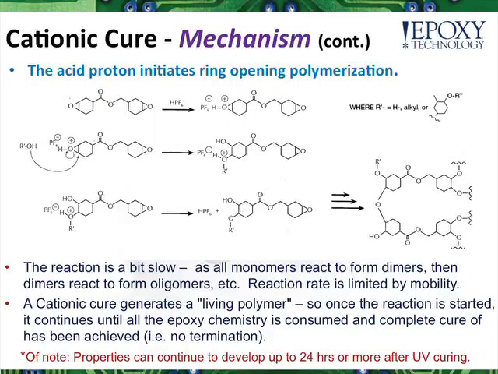Once the photoinitiator is activated with a UV cationic epoxy, the polymerization reaction goes forward. The acid actually promotes the ring opening. You can see in the top step the addition reaction of that acid. In the next step, you can see the ring opening of the epoxy group and an addition of a new monomer, an R group. You can see the ROH that's coming in.